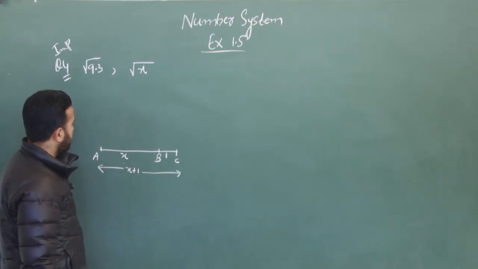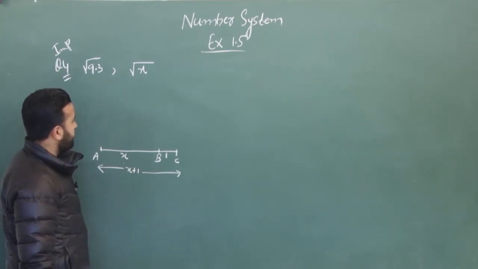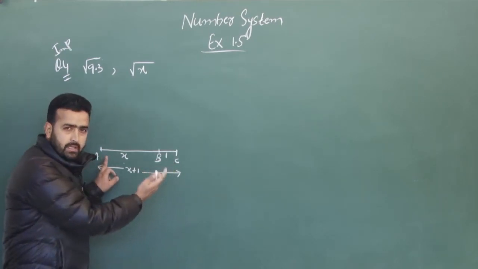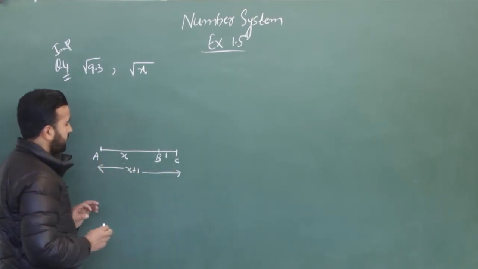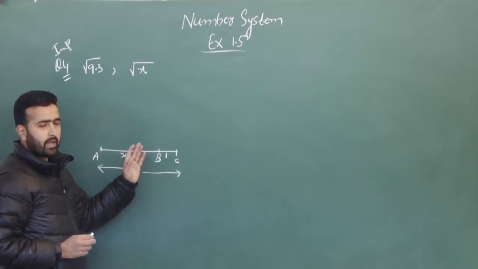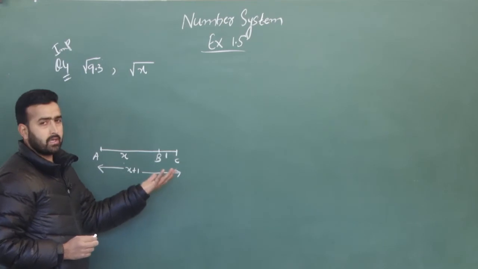Our next step is to draw the perpendicular bisector of this line segment AC. How to draw the perpendicular bisector of a line segment, we have been doing perhaps since class 6.